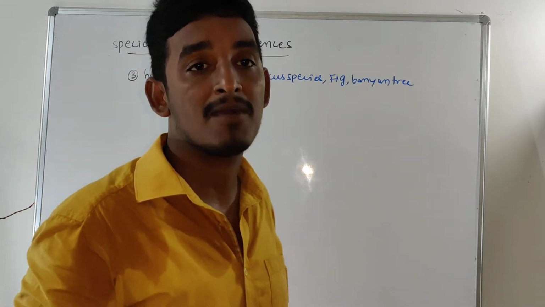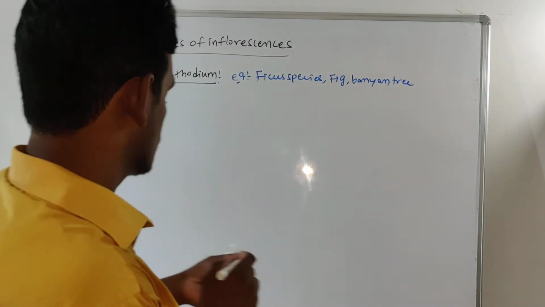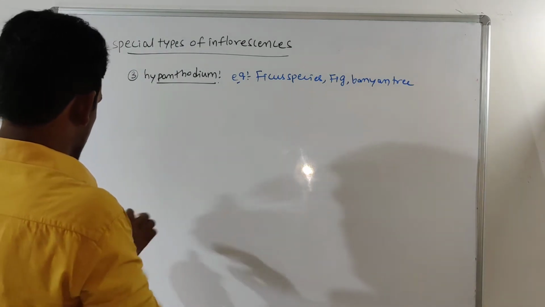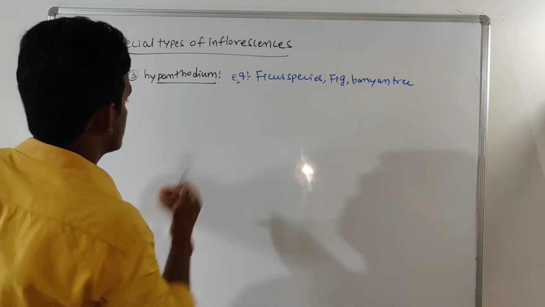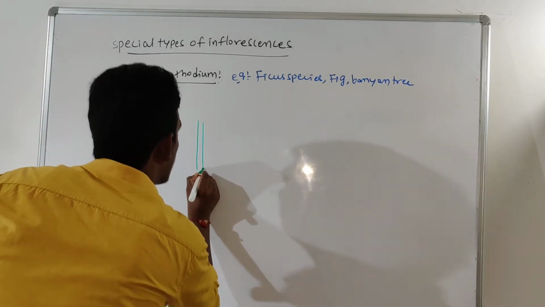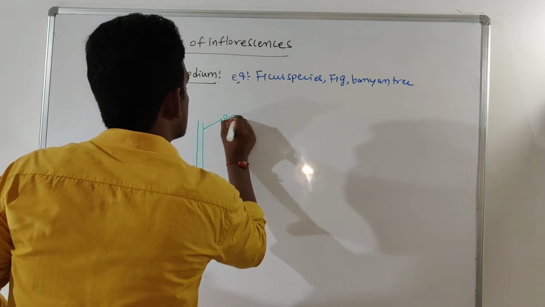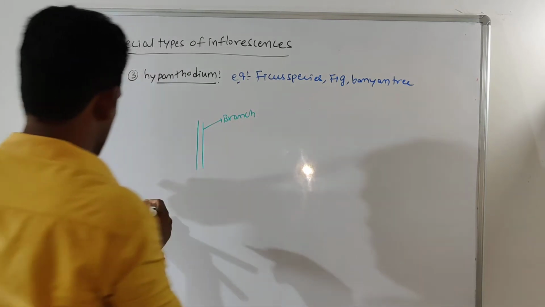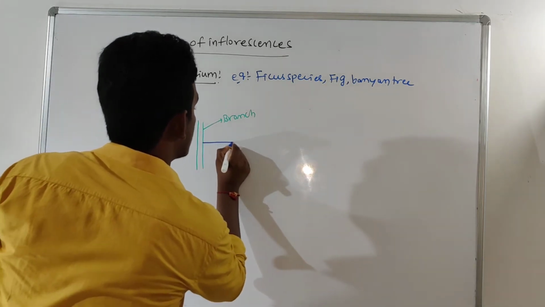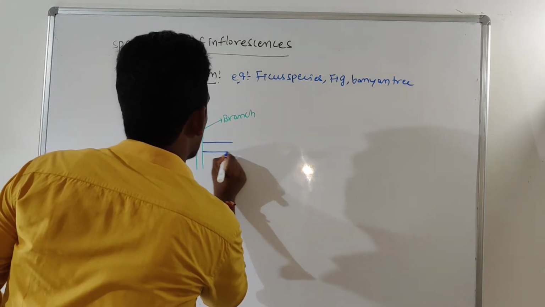So what about the hypanthodium inflorescence? In the hypanthodium inflorescence, it is a branch, so it is about a peduncle.